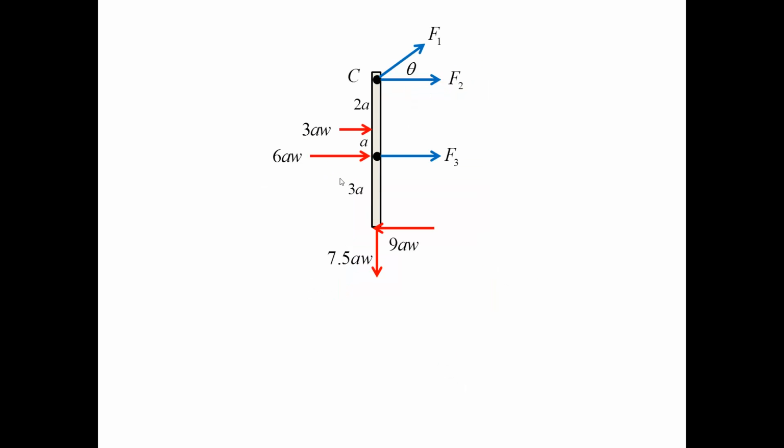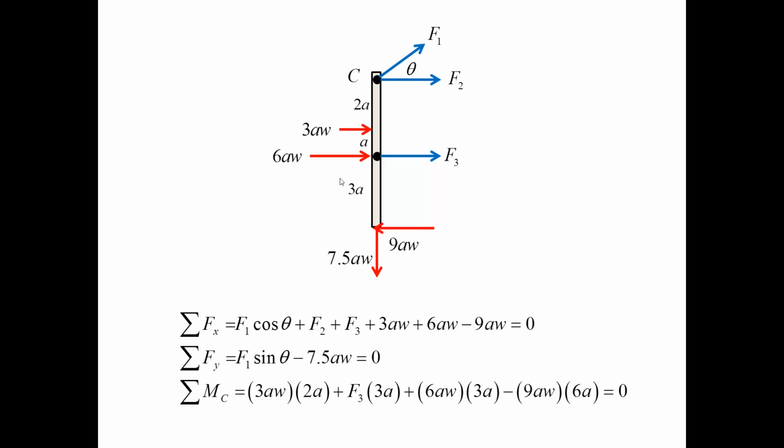Next, I would like to consider the free body diagram for the pole of interest, and here I show the forces 3AW and 6AW because I know that that's what will happen with the replacement once I write equilibrium equations, and the equilibrium equations are written down here.